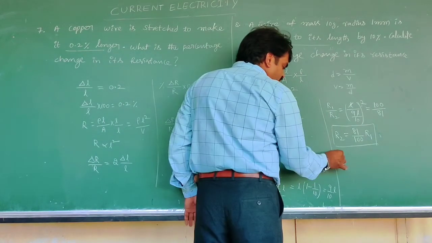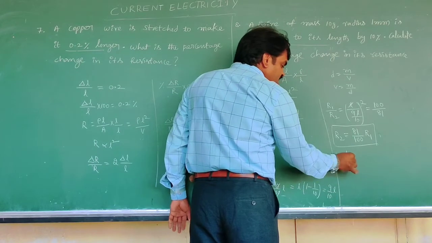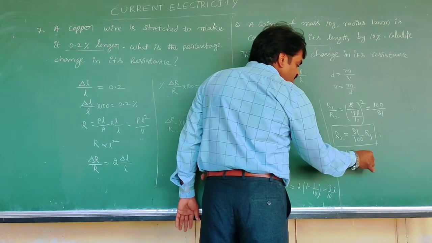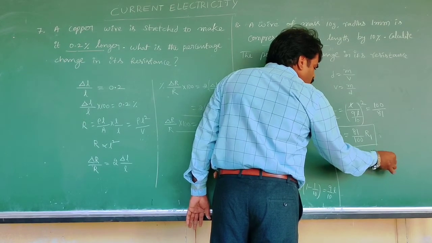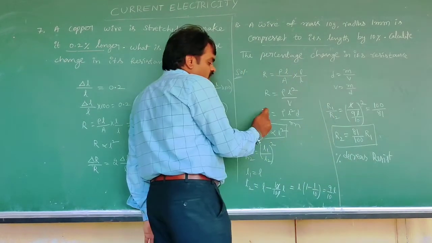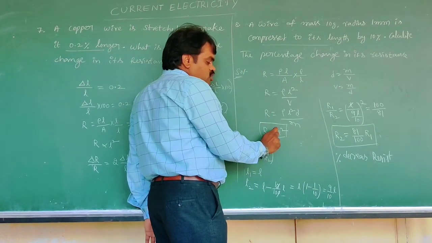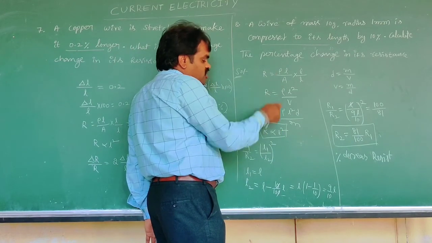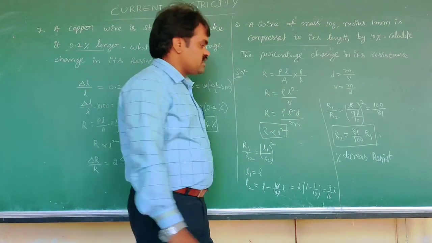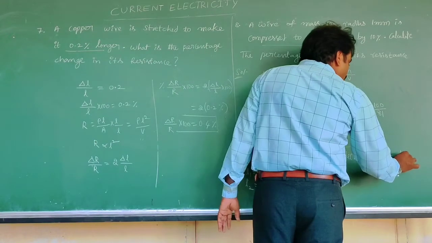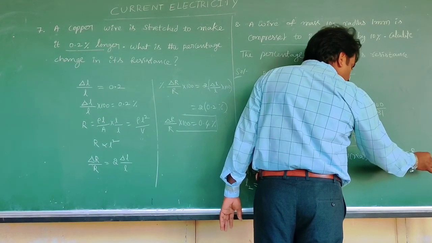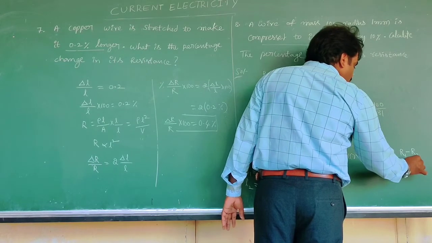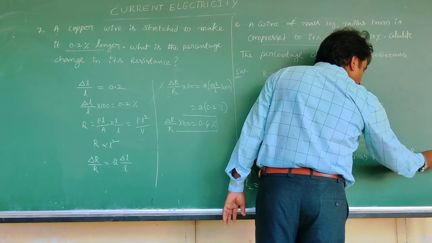Now the percentage decrease in resistance. Why are we calling it a decrease? Because resistance is proportional to length, so when the length is compressed, the resistance also decreases. That is R1 minus R2 by R1 into 100.